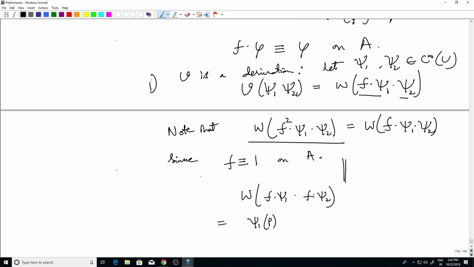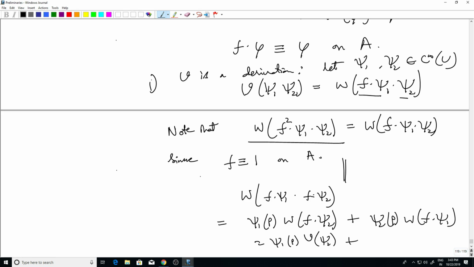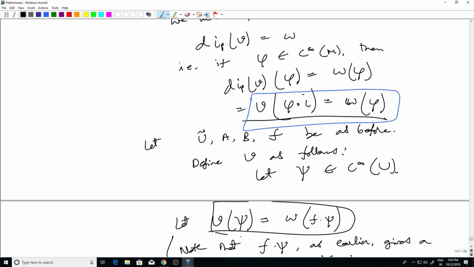So C1 of P W of F C2 plus C2 of P W of F C1. This is, by definition, V of C2 and V of C1. So that completes the proof in all detail. So we have checked that.